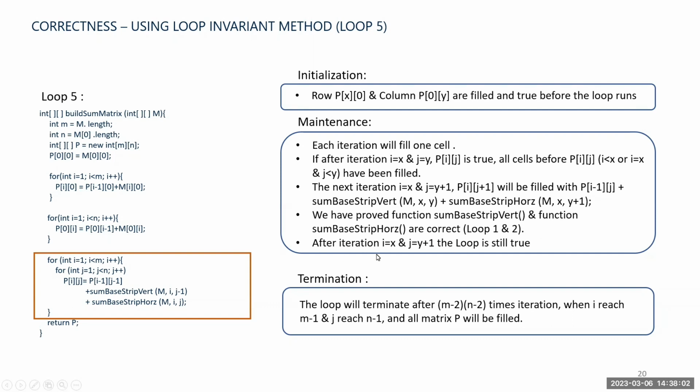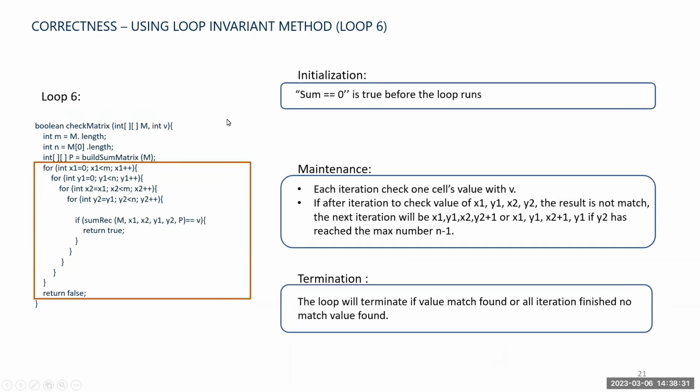So after the iteration i equals x and j equals y plus 1, the loop invariant is still true. Termination: the loop will terminate after (m minus 2) times (n minus 2) iterations, when i reaches m minus 1 and j reaches n minus 1, and the whole matrix P will be filled.